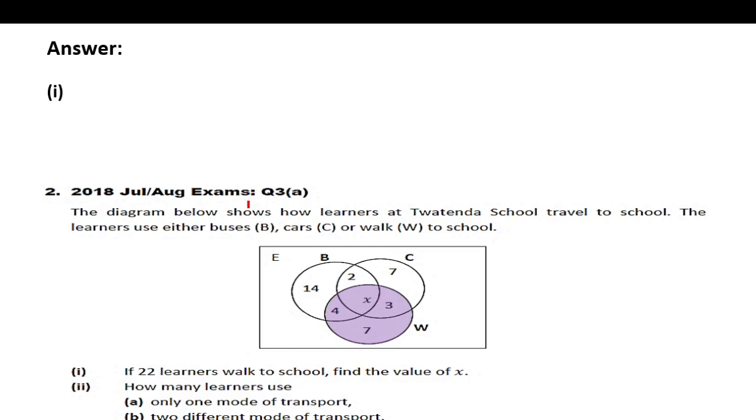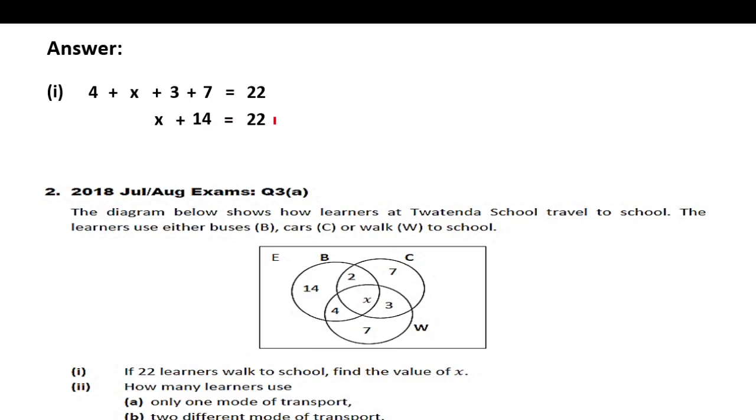So we'll say 4 plus x here plus 3 here plus 7 here. It will give us 22. That's the total number of learners that walk to school. Then we'll add like terms. So 4 plus 3 plus 7 will give us 14, so x plus 14 is equal to 22.